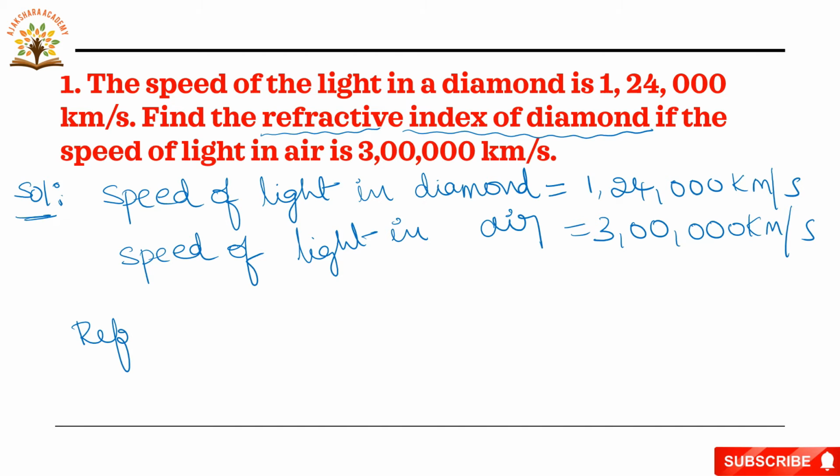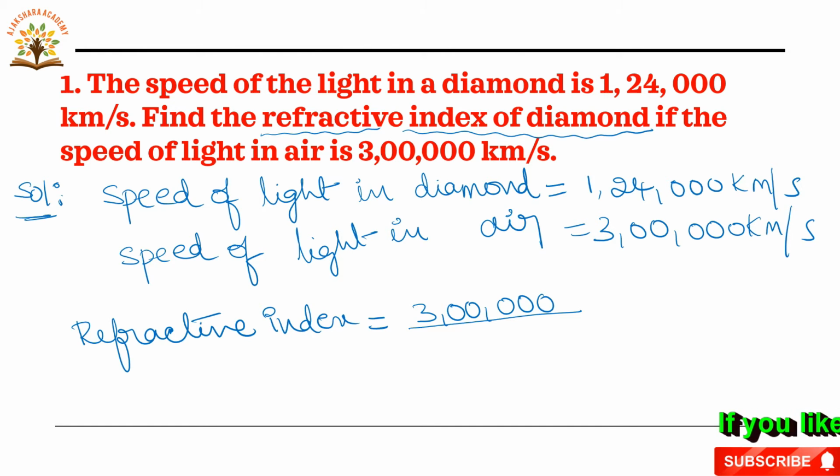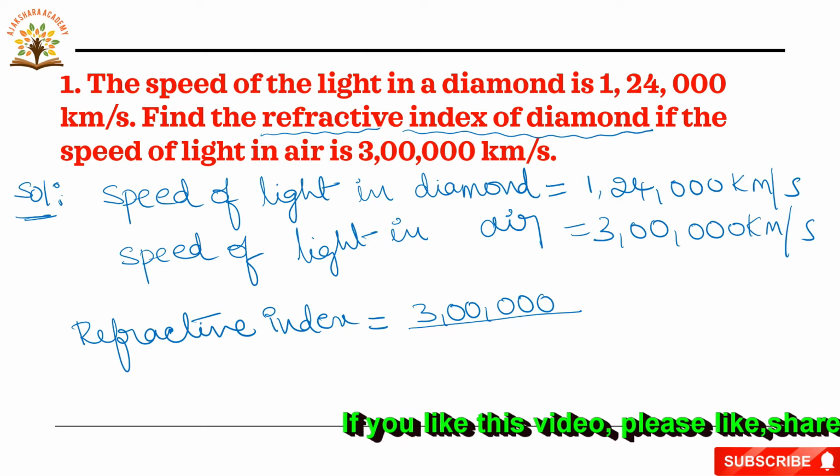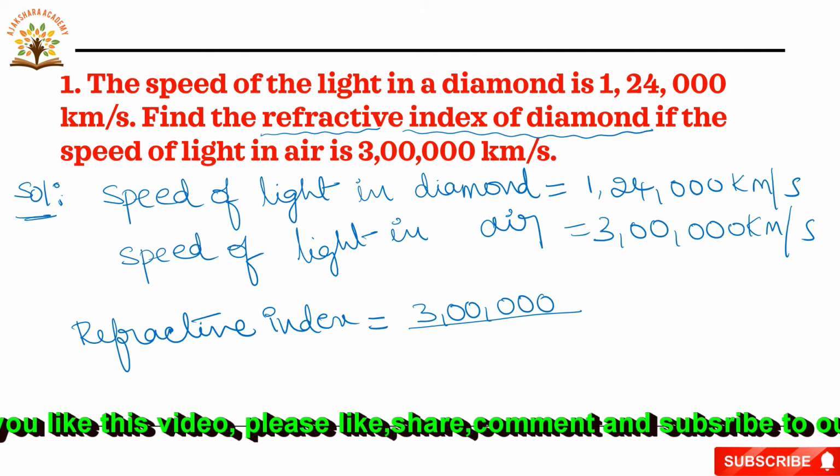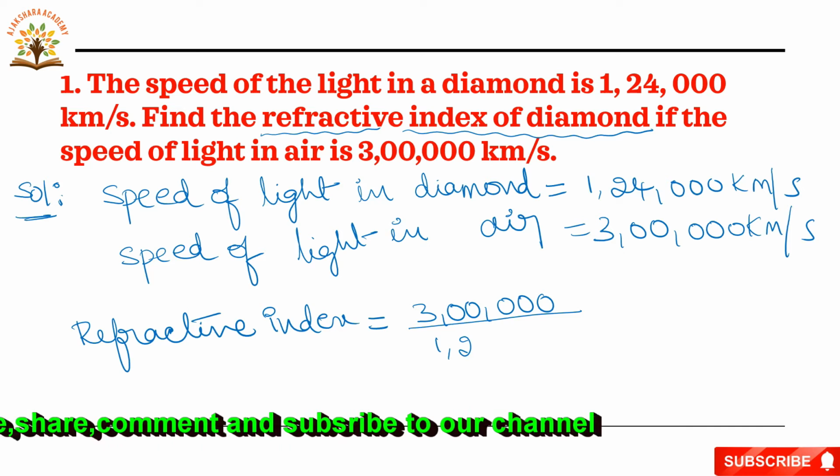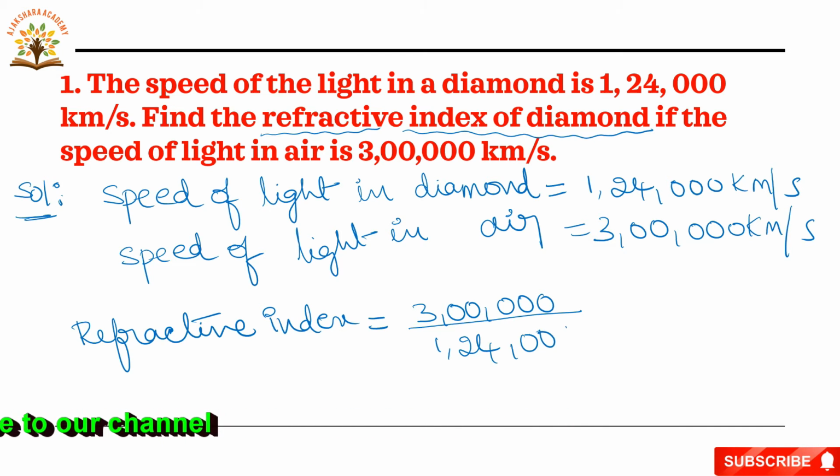Refractive index is equal to speed of light in air by speed of light in diamond. Speed of light in air is given as 3 lakhs kilometers per second, and speed of light in diamond is given as 1,24,000.